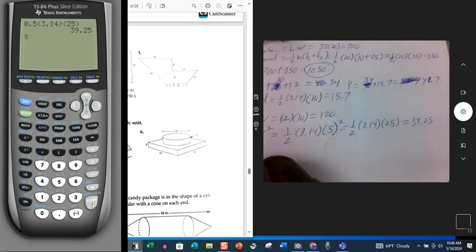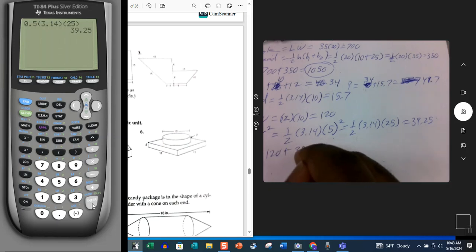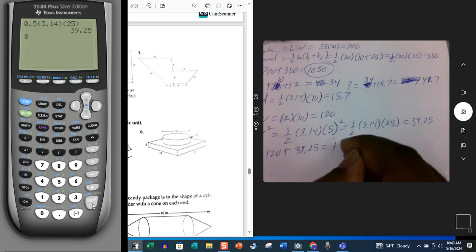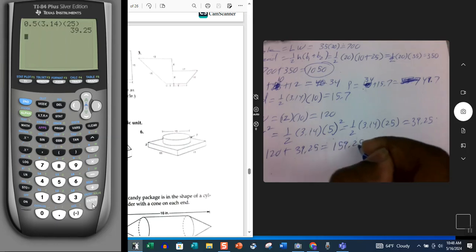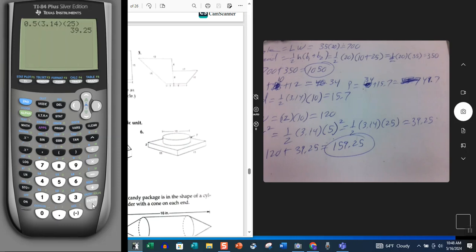Now to do the area here, we would add both of these together. 120 plus 39.25 will give us 159.25. That would be the area for that problem. Now, they didn't ask us to round, so it'd be 159.25.